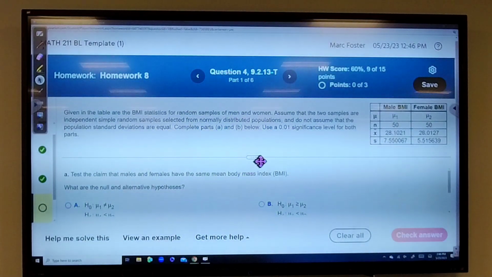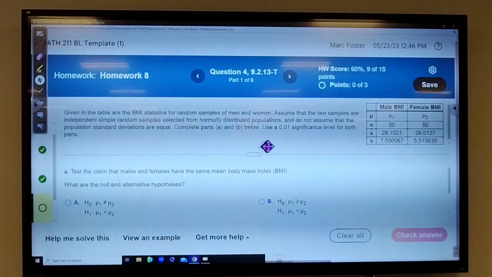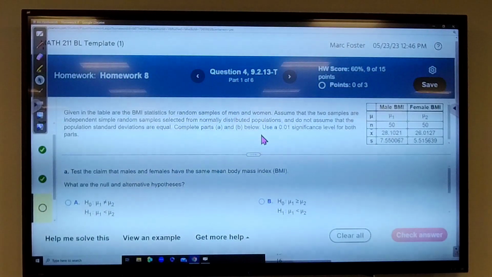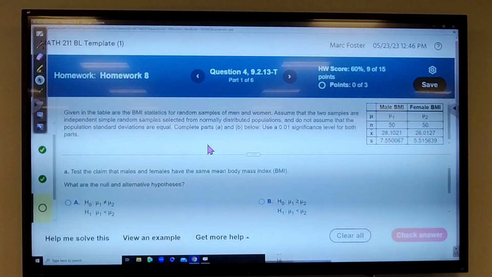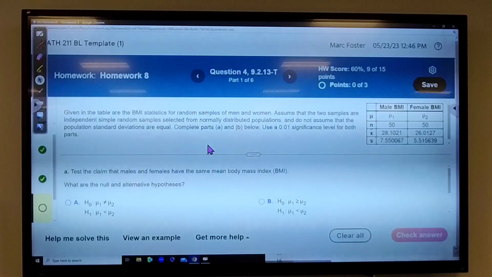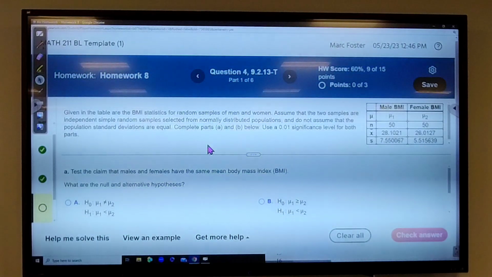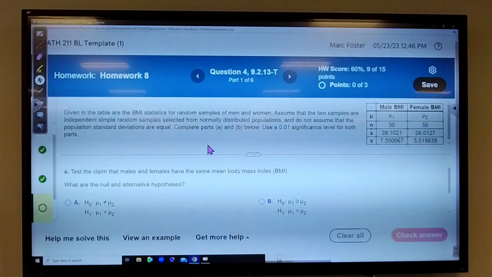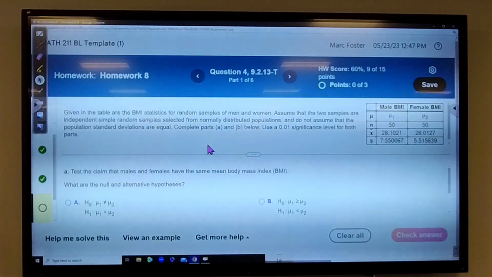BMI statistics for men and women. 0.01 significance level. Now, if I didn't have any data, or let me ask you, what would you be inclined to think about BMI for men and women?